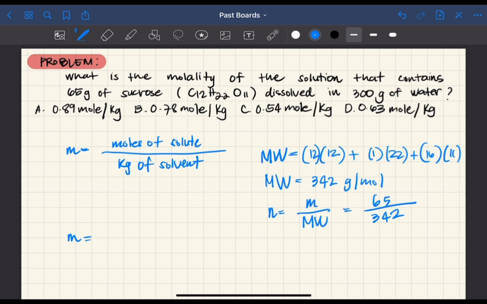So the molality is equal to moles of solute, 65 over 342, all over the kilogram of solvent. So take note, the given is 300 grams. So let's convert this to kilogram. Times 1 kilogram is equal to 1,000 grams.